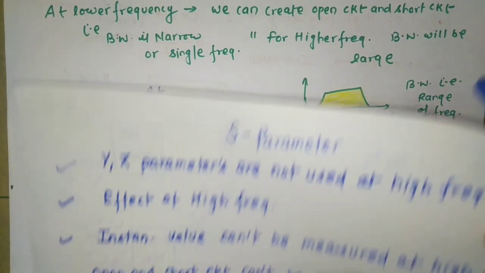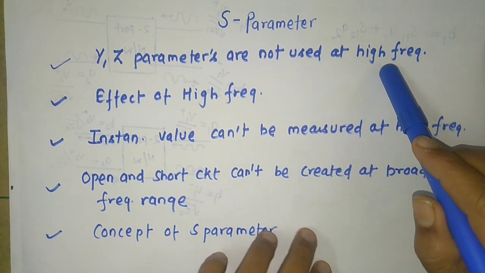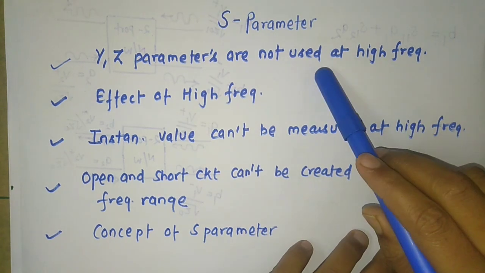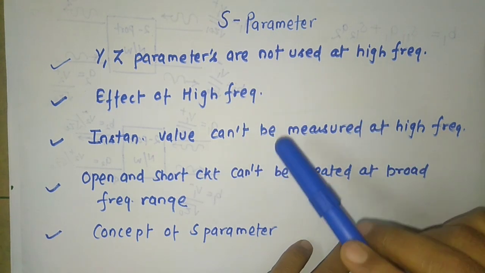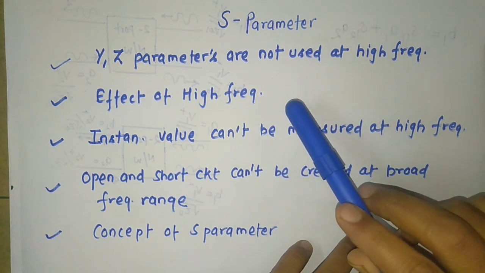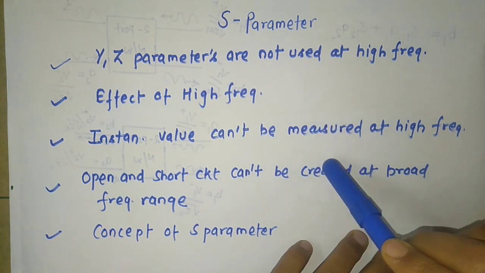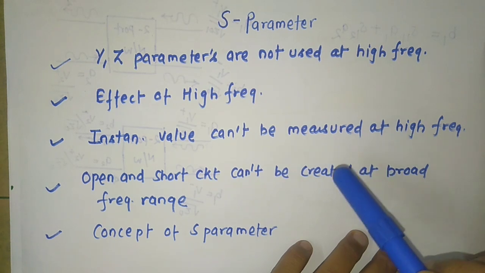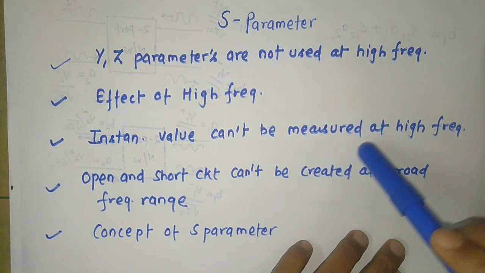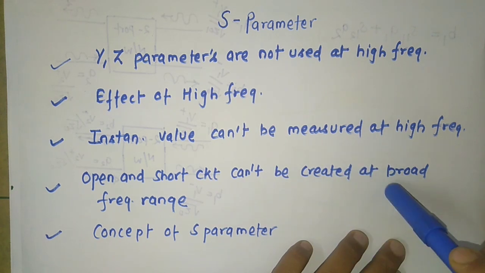In the case of high frequency, we do not use Y parameter and Z parameter, because the bandwidth will be more. Bandwidth is nothing but a range of frequency. Range of frequency means there are multiple frequencies, thousands of frequencies. For these frequencies, you will not be able to create open circuit and short circuit.